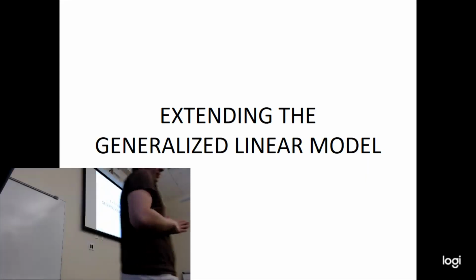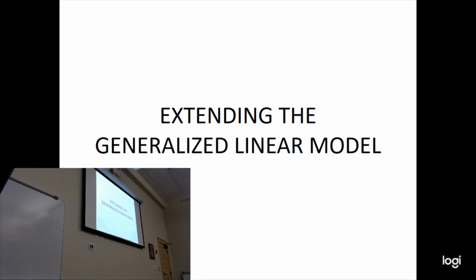So the last thing I want to go through, and this is going to be much briefer, and before we get into this detail, I just want to say I don't expect you to be able to do these extensions that I'll talk about, but I want you to know that they're tools at your disposal.